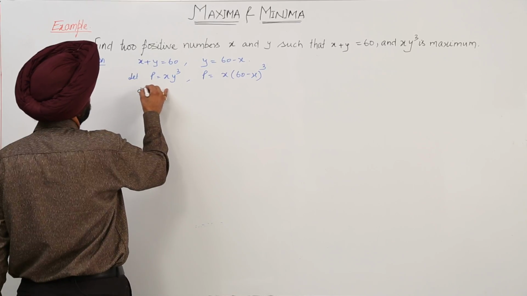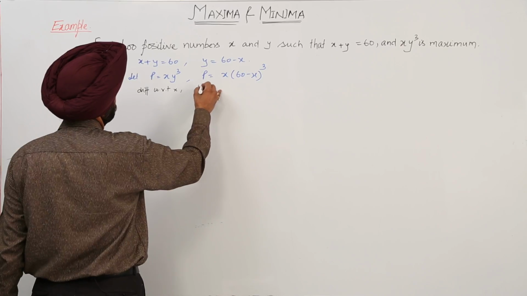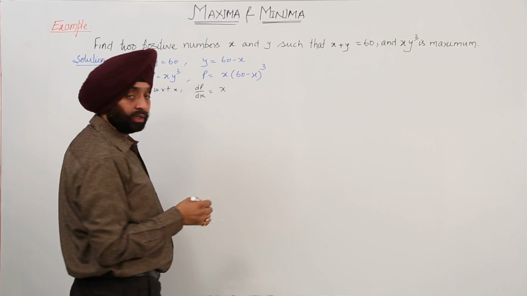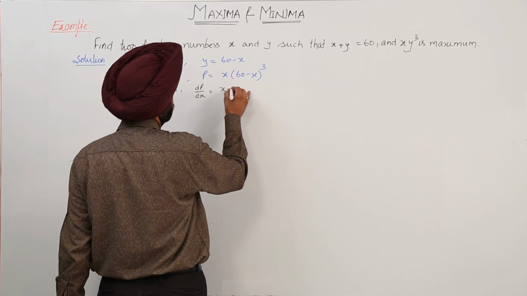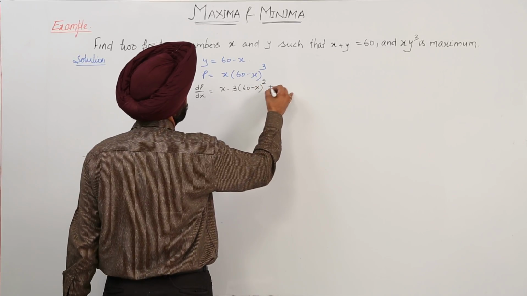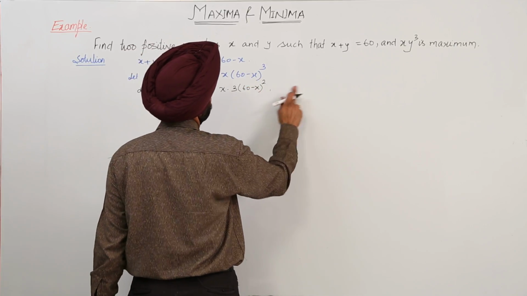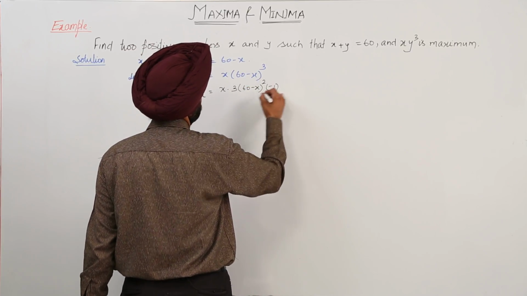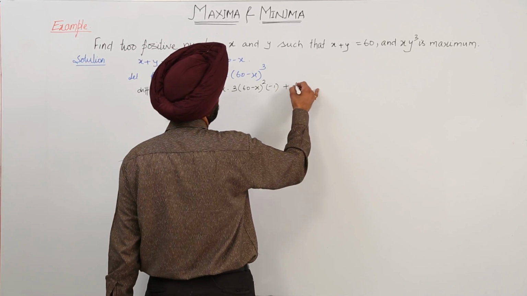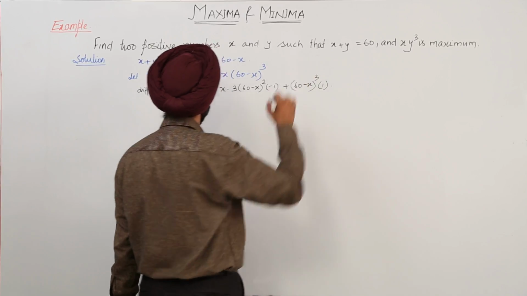Differentiating with respect to x, dp by dx is equal to, now x, first function as it is, derivative of the second, 3 times (60 minus x) whole square, plus (60 minus x) whole square with minus 1, the derivative of 60 minus x also, plus (60 minus x) whole cube with 1.